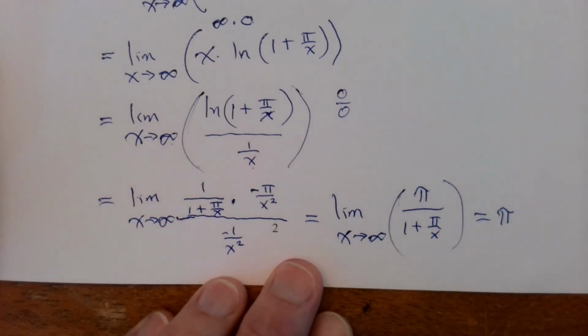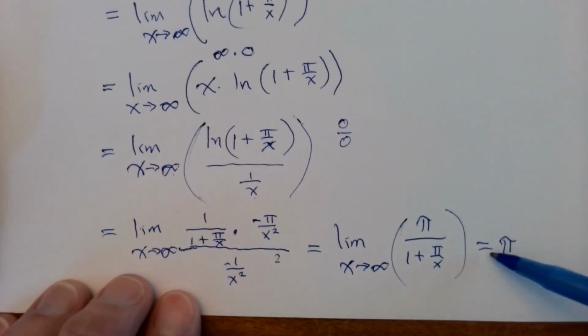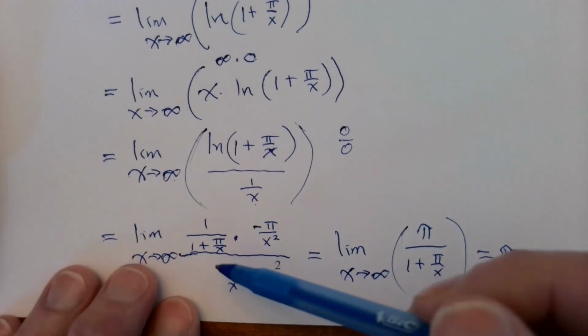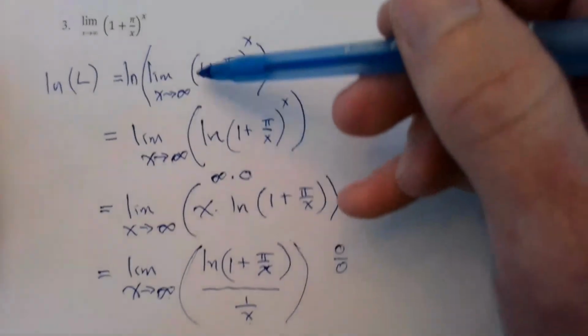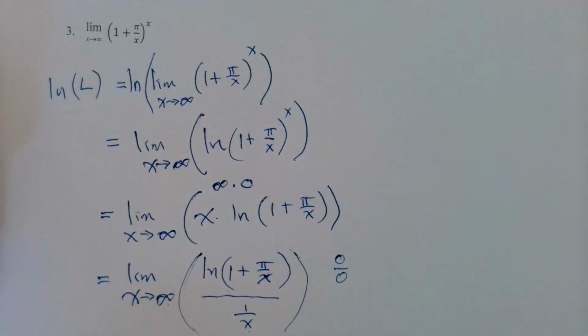Is that the answer? No, you've seen this too many times today. Pi is equal to this limit, which is equal to natural log of L. L is the thing we're trying to figure out.